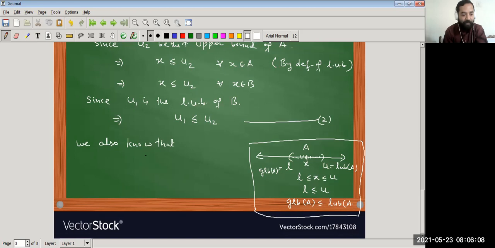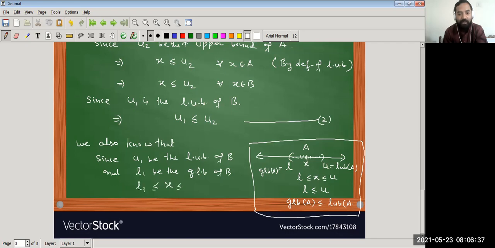Since U1 be the least upper bound of B and L1 be the greatest lower bound of B, then by definition we can write x is greater than equal to L1 less than equal to U1 for all x belongs to B, or we can write L1 is less than equal to U1, or GLB of B is less than equal to LUB of B. So let us take this as equation number 3.